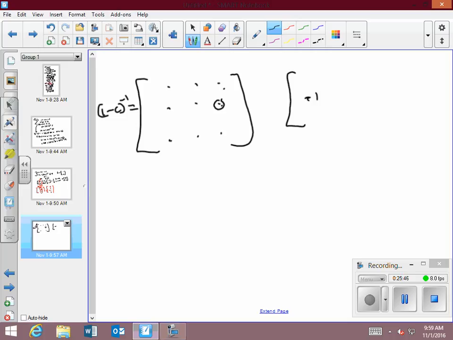Then a column space, the definition on page 149: for matrix A, Col A is the set of all linear combinations of the columns of A. That's just the definition of the column space. And then we're going to talk about a basis.